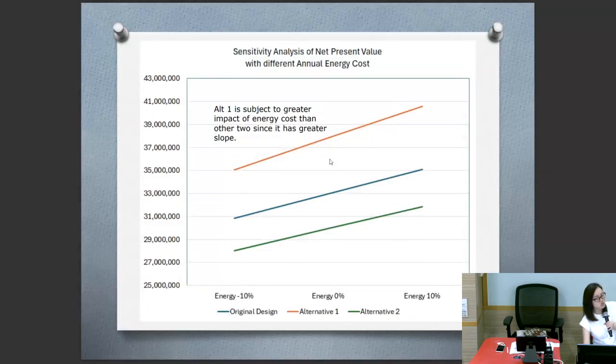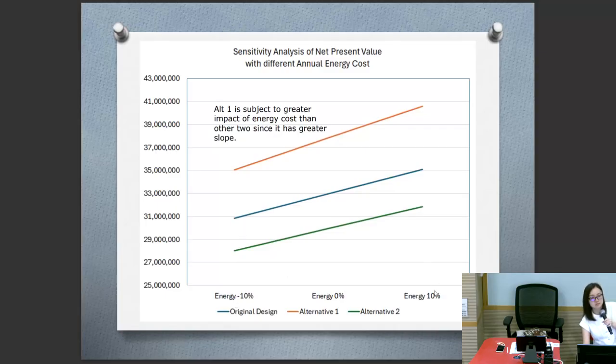So if there is no change of energy cost, this would be the net present value for alternative 1, then for the original design, and then for alternative 2. But if the energy cost is cheaper, then all the costs will be lower. So this would be the net present value of the life cycle cost if the energy cost is 10% cheaper.